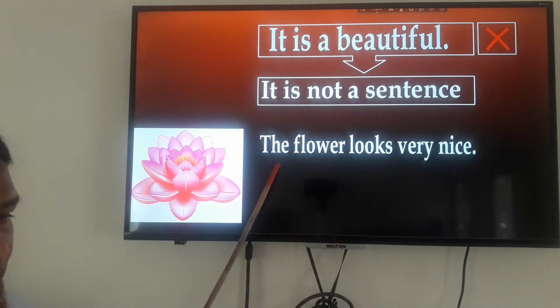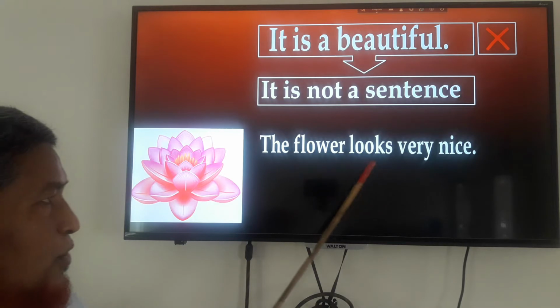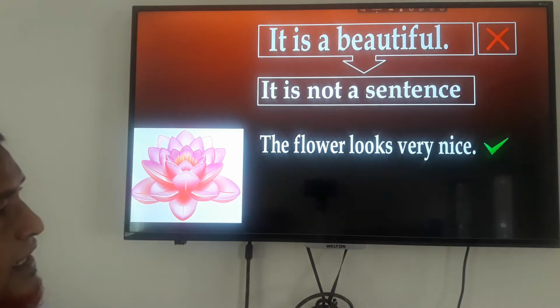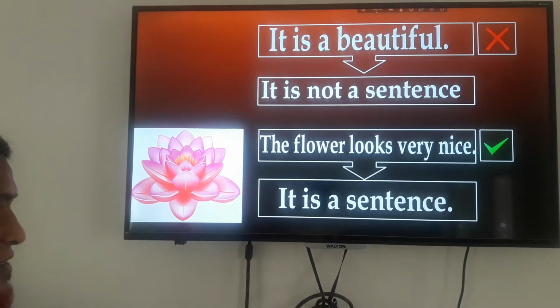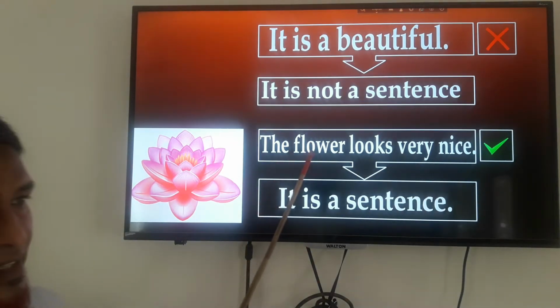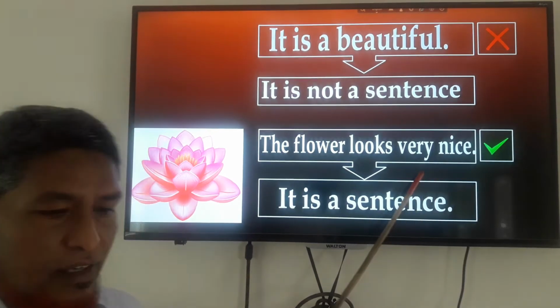On the other hand, the sentence "The flower looks very nice" is correct, and it is a sentence because it expresses the full meaning of the sentence.